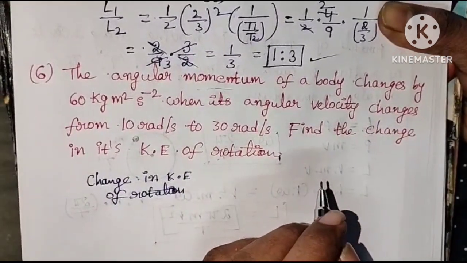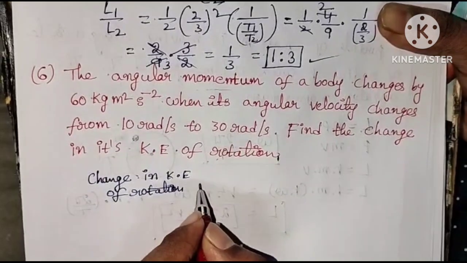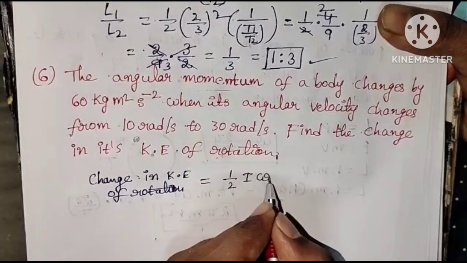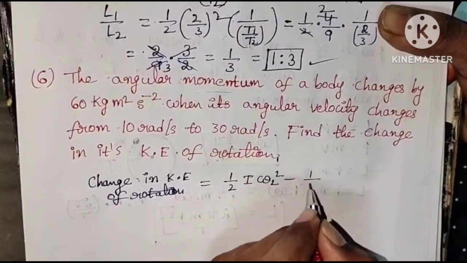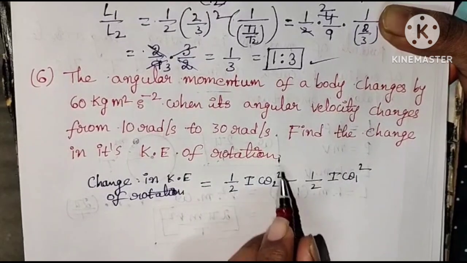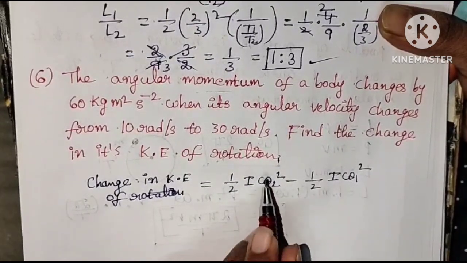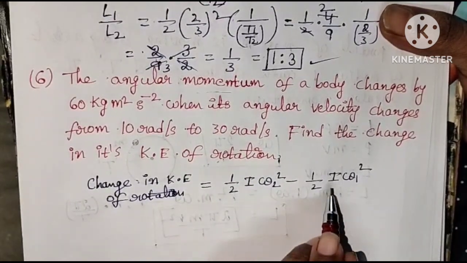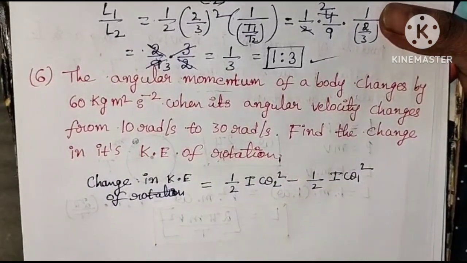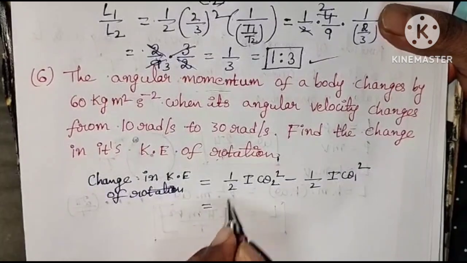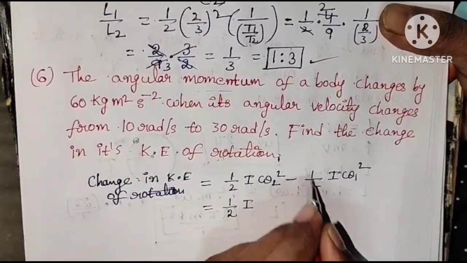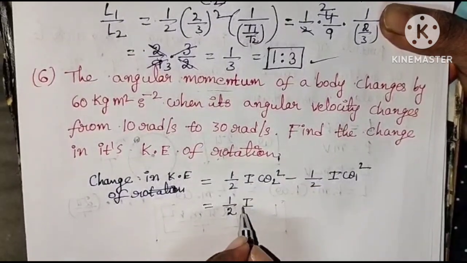change in kinetic energy of rotation is equal to 1 by 2 I omega 2 square minus 1 by 2 I omega 1 square. So it means final kinetic energy of rotation minus initial kinetic energy of rotation, then we will get the change in kinetic energy of rotation. Here let us take 1 by 2 I common, where I means moment of inertia.